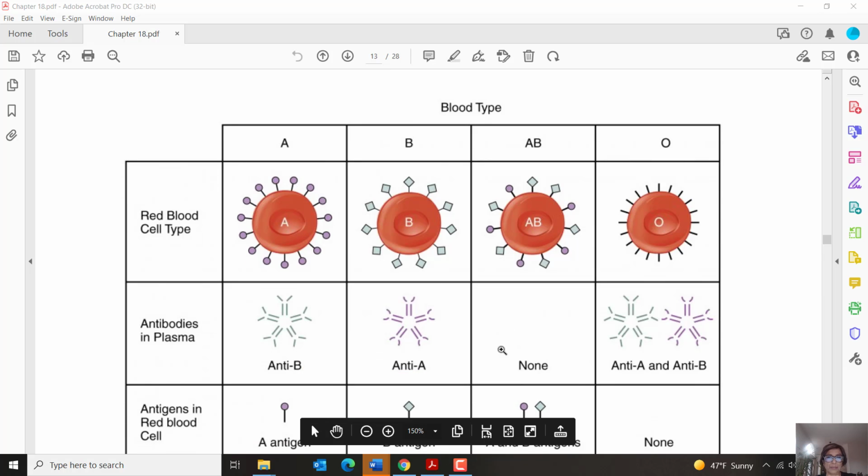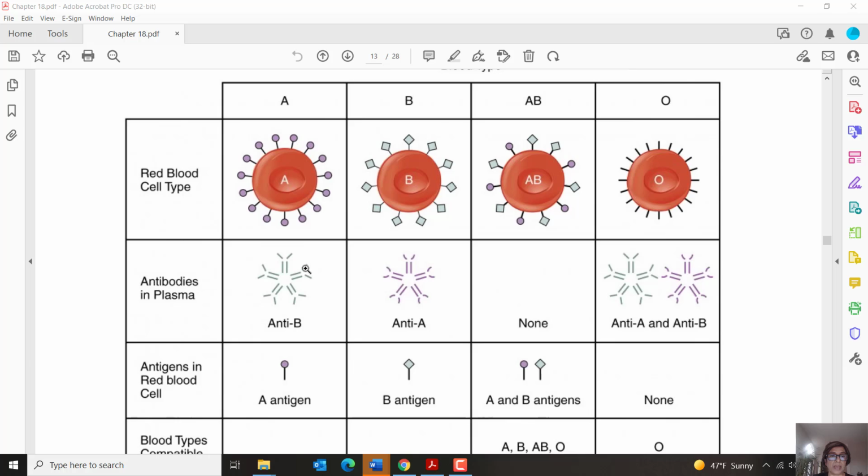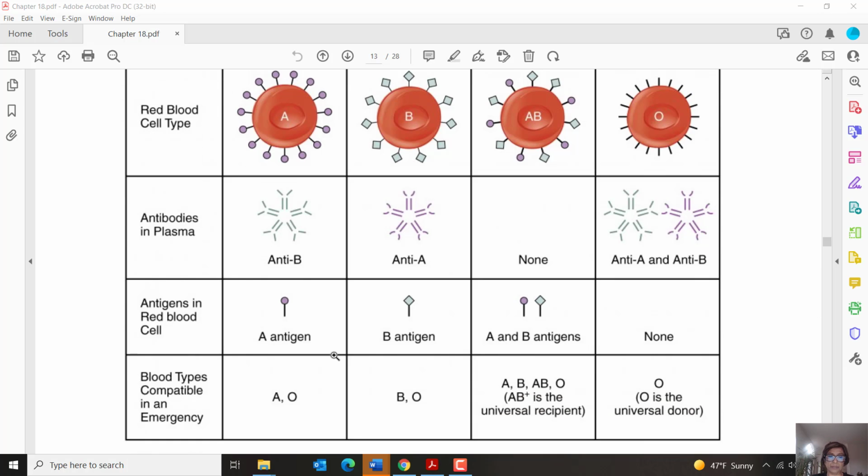This is another table I really like. You can see that this is type A, type B, both AB, and then this is O. Anti-B will coagulate with this, anti-A coagulates with this, AB have none, and O have both anti-A and anti-B.